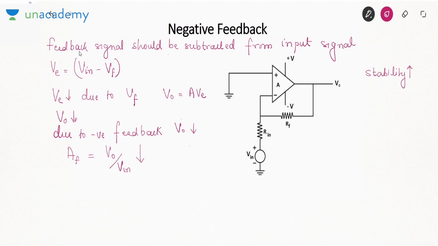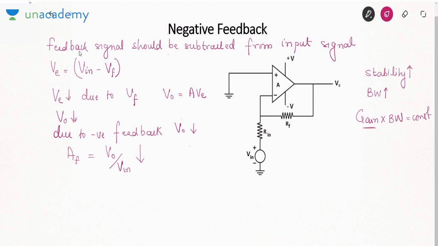To produce output proportional to the input. But if the output saturates, then output will become constant, which is undesirable, and that is why we want to reduce the gain. Okay, so it will increase the stability, it will increase the bandwidth, because we know in frequency response I told you gain into bandwidth is constant. If gain is being reduced, your bandwidth will increase.